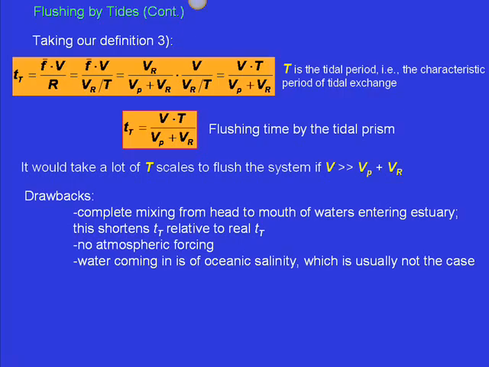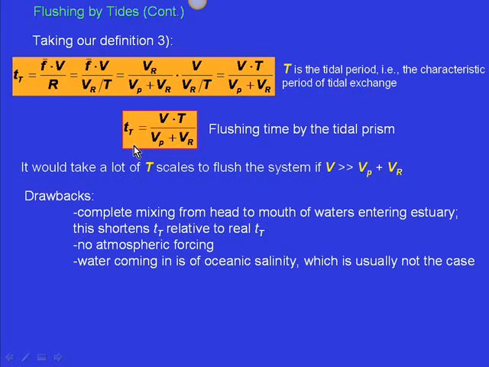Notice that, and we'll mention this again, this definition of residence time or flushing time will give you a different value than definition number 1 or number 2 or number 3. So this takes into account the tidal prism. The others don't. Right? You see the tidal prism over there is the V sub P, and also the tidal period.